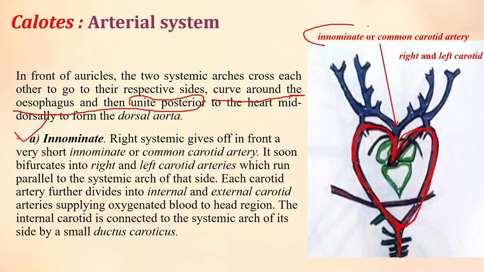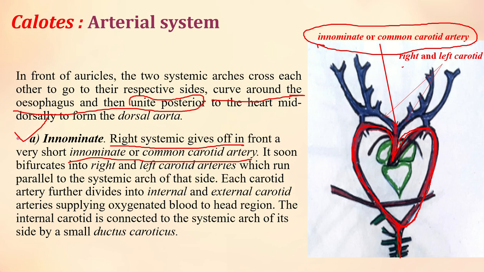Innominate, also called the common carotid artery, arises from the right systemic arch and in front forms a short artery called the innominate or common carotid artery. It soon bifurcates into right and left branches, called the right and left carotid arteries.